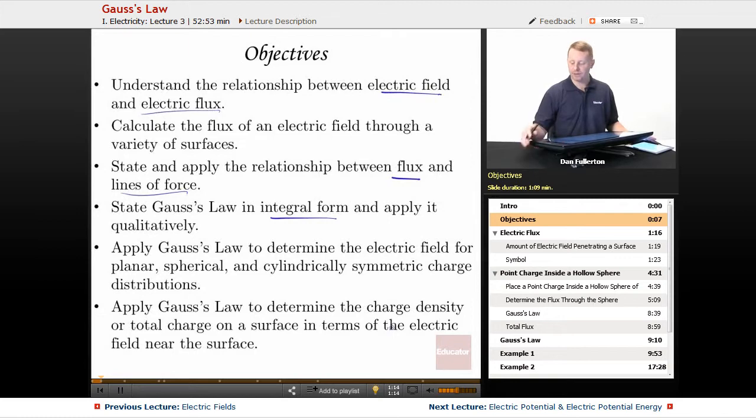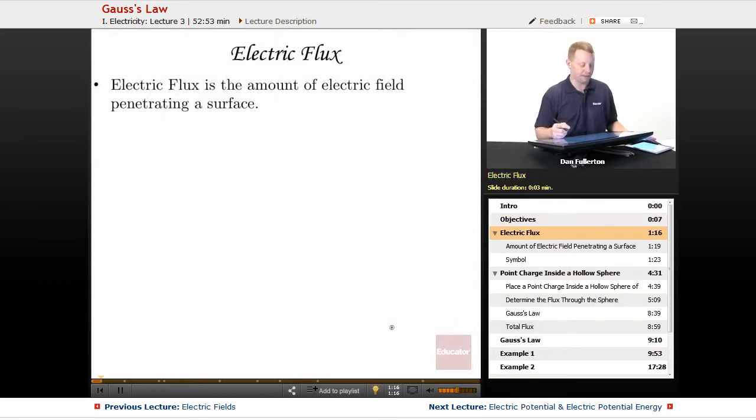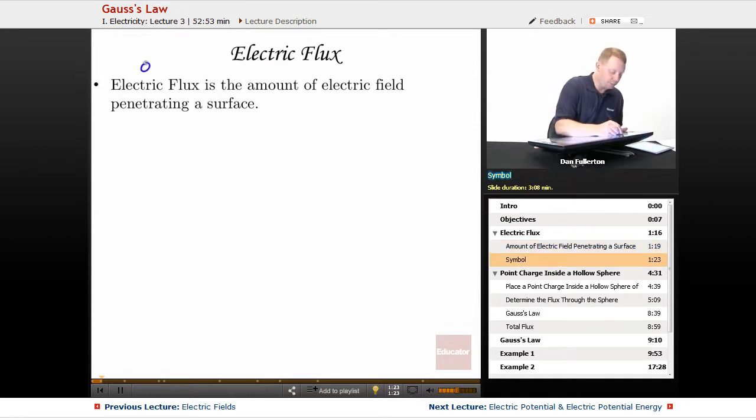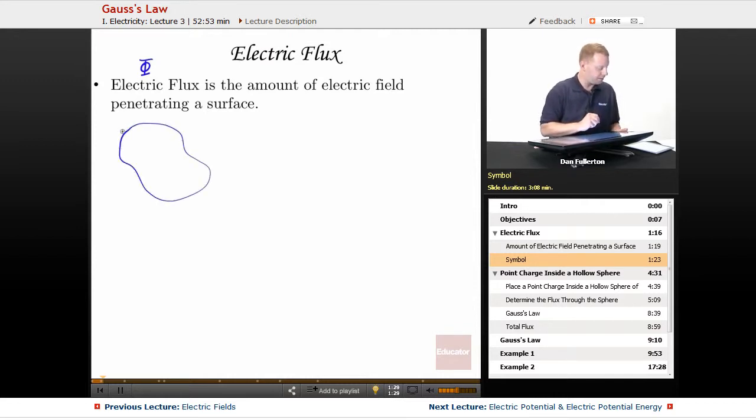So let's start off by talking about what is electric flux. Electric flux is the amount of electric field penetrating a surface. We'll give it the symbol, capital Phi. And if we have some random surface, whatever that surface happens to be, what we'll do is we'll define a small piece of that surface.